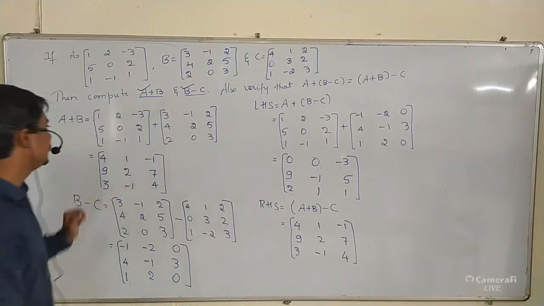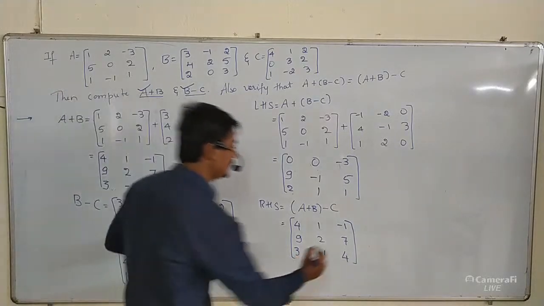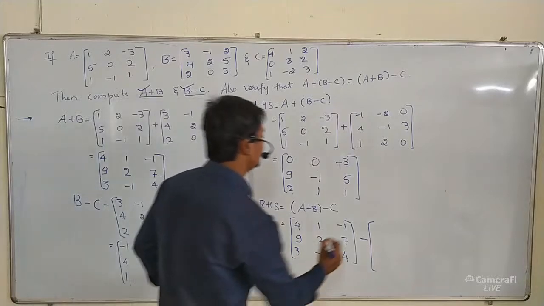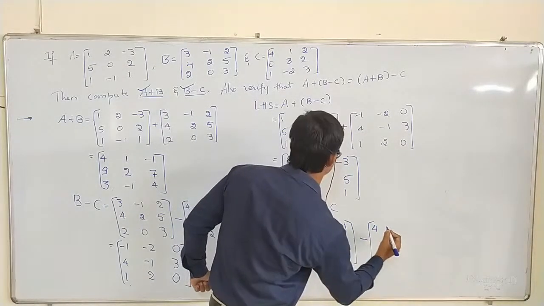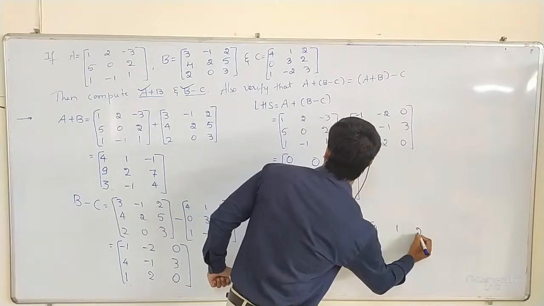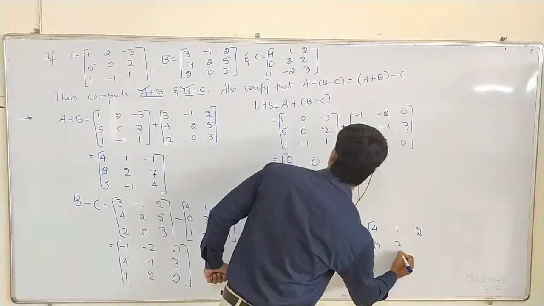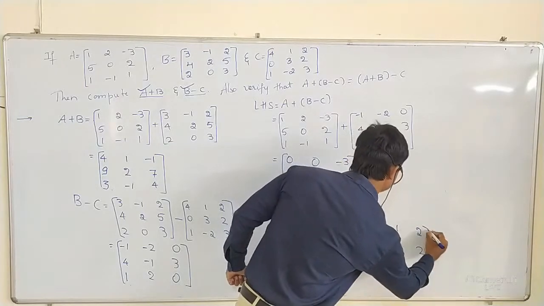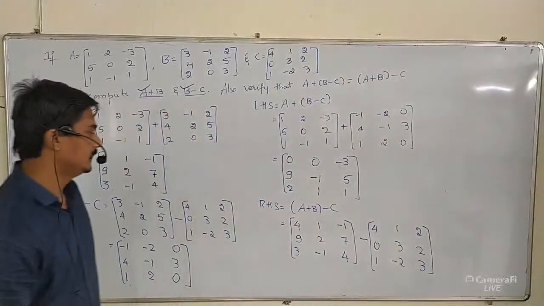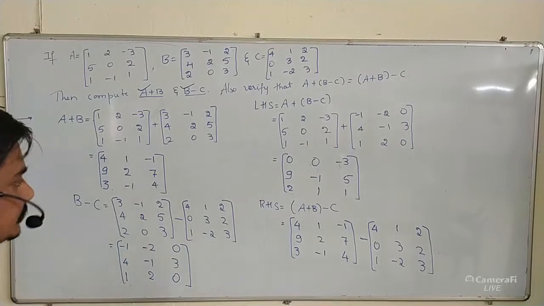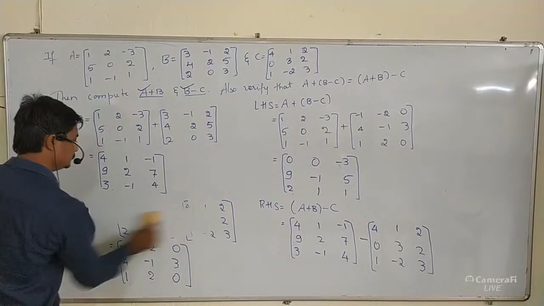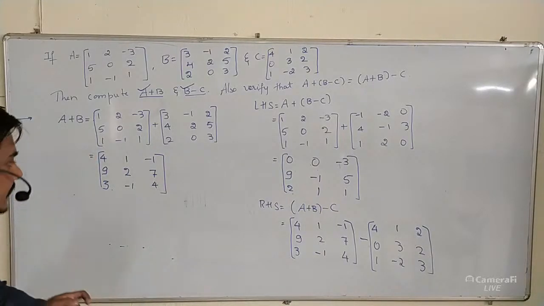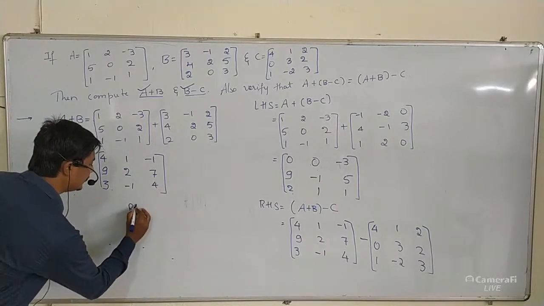This is our A plus B matrix, minus the C matrix, 4, 1, 2, 0, 3, 2, 1, minus 2, 3. Now I will write down the RHS here.